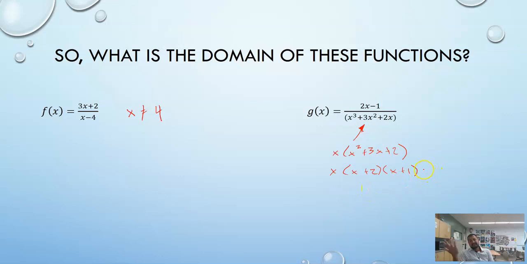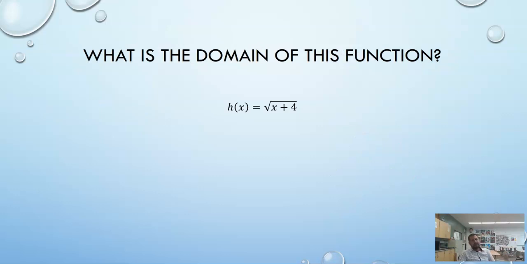What that means is, technically, I want to avoid having any of those 3 different things multiplying together be 0. So I would say that x cannot equal 0, negative 2, or negative 1 in this problem. That would be the domain restriction. In other words, I just can't use those numbers. Any other number I'm totally fine using. But those 3 numbers I would have to avoid using in whatever it is that we're going to be doing with those functions. Hopefully that makes sense.